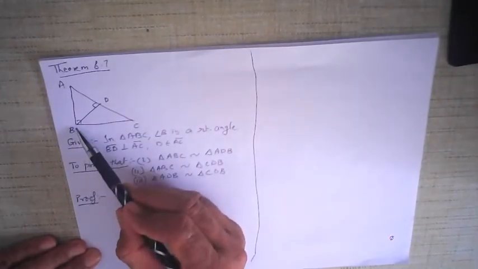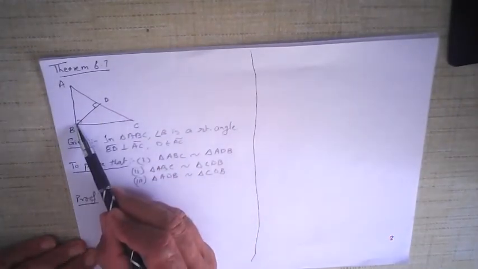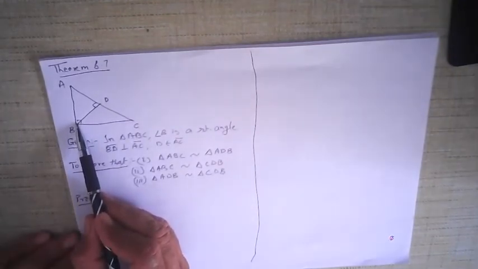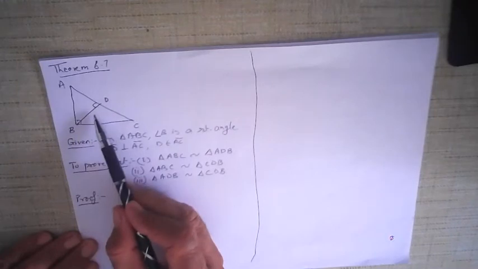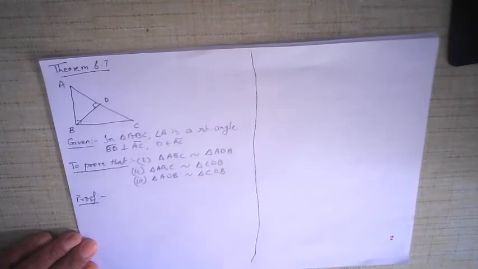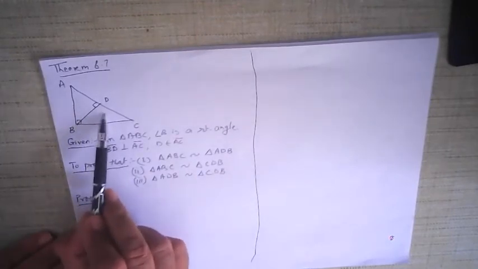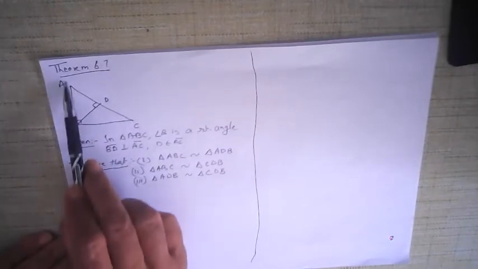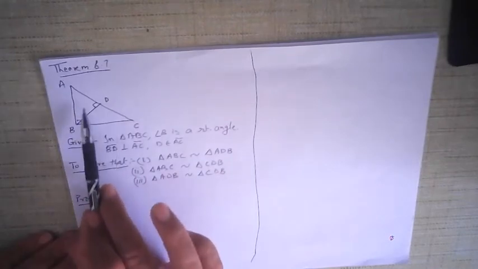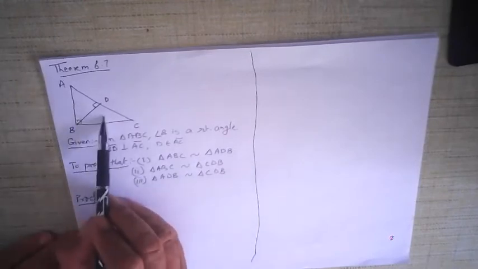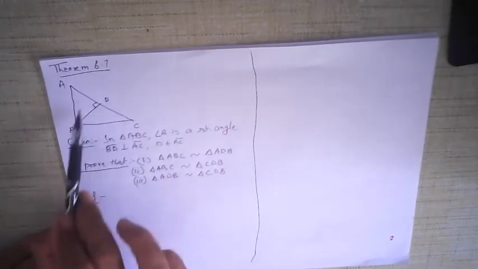Prove that if an altitude is drawn from the vertex of the right angle of a right angle triangle, this is the vertex which is a right angle, angle B, then the two triangles so formed, these two small triangles, are similar to the original triangle. The original triangle is triangle ABC. So the two triangles so formed are similar to the original triangle, that is the first one and the second one, to prove that. And each such triangle is similar to each other. That means these two triangles are also similar to each other.